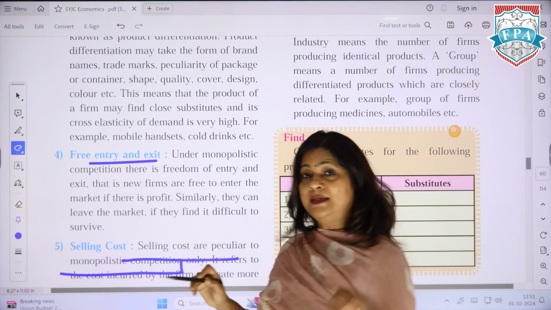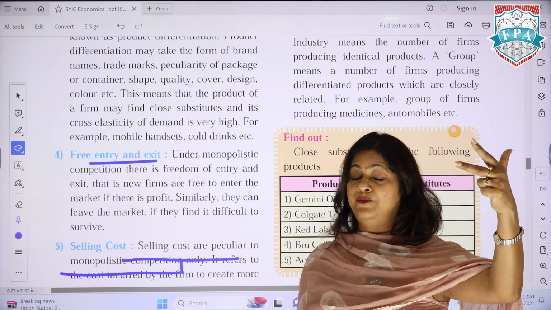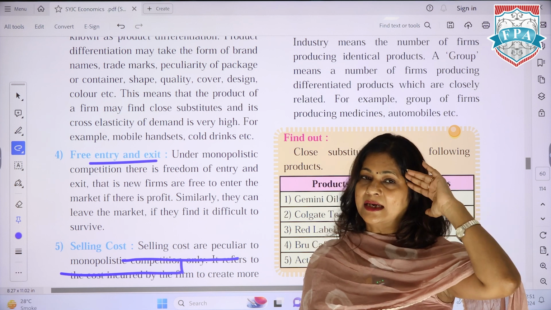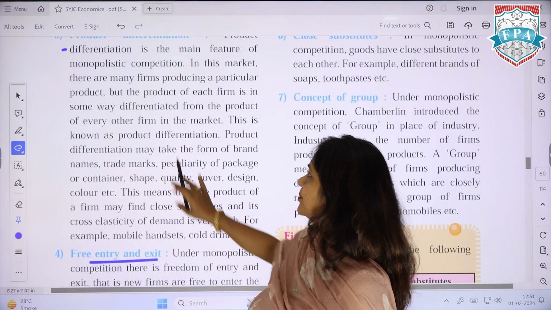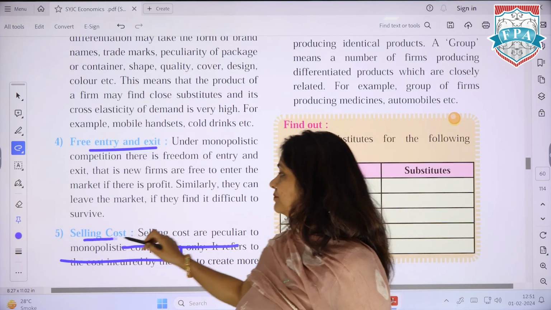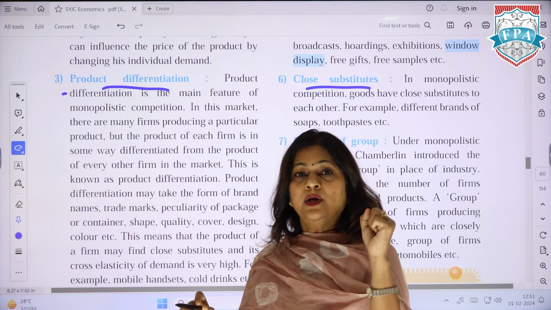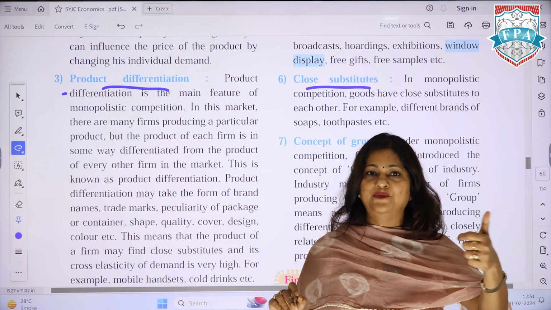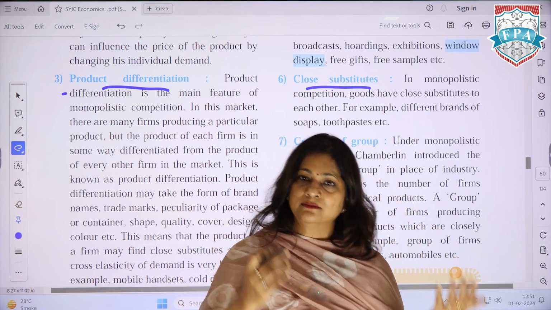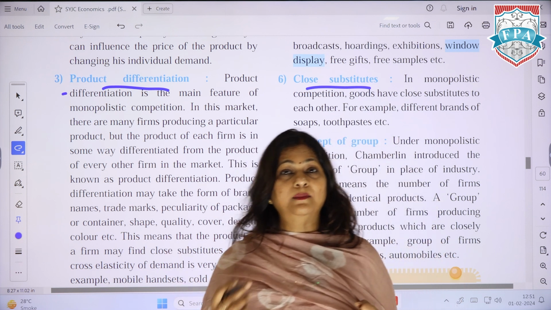Free entry, free exit, ये तीनों कैरेक्टरिस्टिक परफेक्ट कंपटीशन की। अब 3 के बाद क्या रखना है? होमोजेनियस प्रोडक्ट नहीं, डिफरेंशिएटेड प्रोडक्ट, product differentiation, selling cost, right, and no substitute. So no close substitute, product is different, selling cost holds a lot of importance, free entry, free exit, large number of buyers, large number of sellers. This is the characteristic of a monopolistic competition.